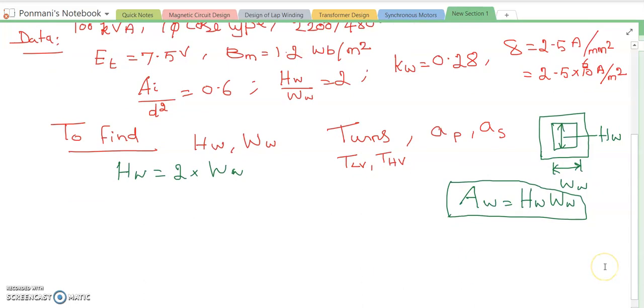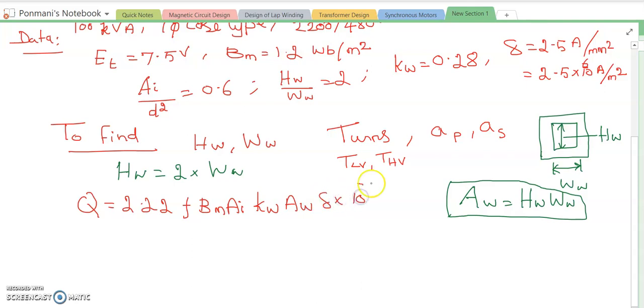So the kVA output equation of single phase transformer we know. In that, the equation is Q equal to, it is a single phase transformer, so it is 2.22 multiplied with f into Bm into Ai into Kw into Aw into delta into 10 to the power minus 3.